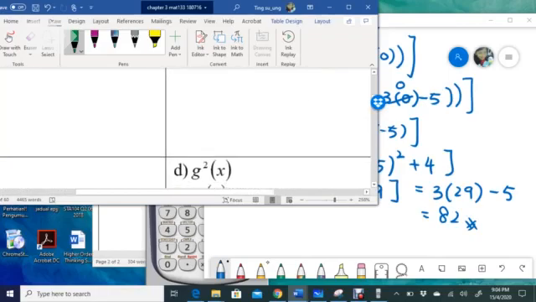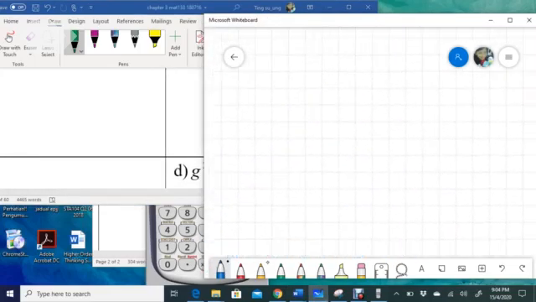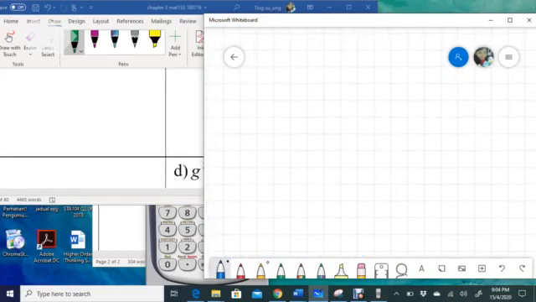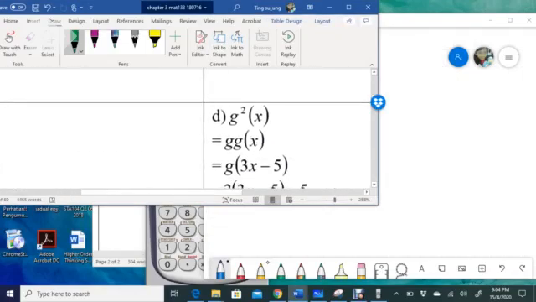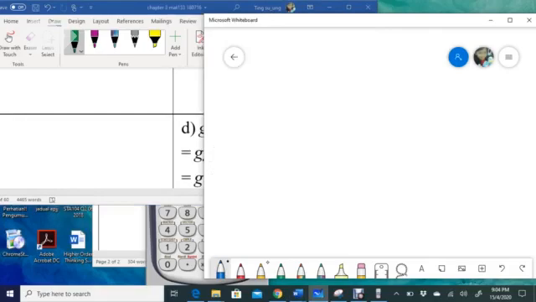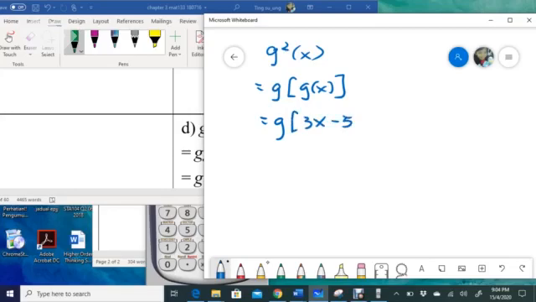Okay, so how about this? g squared. G squared is g of g. This is on x, so just x. So I have g of g(x). Your g function is 3x minus 5, so let's just substitute the whole thing: 3 times (3x minus 5) minus 5.